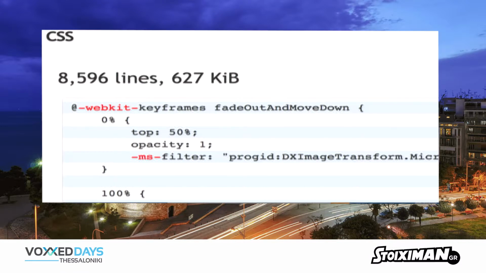They have opacity 1, and their post-processor says, oh, opacity, let me convert the opacity to a Microsoft filter. Anything that needed a filter in IE doesn't understand animation. And this would never be hit by a Microsoft browser anyway because it's only targeted with the WebKit prefix. So this is what a post-processor is doing. This is adding bloat, and it's pissing me off.